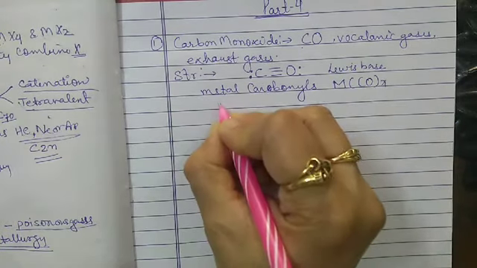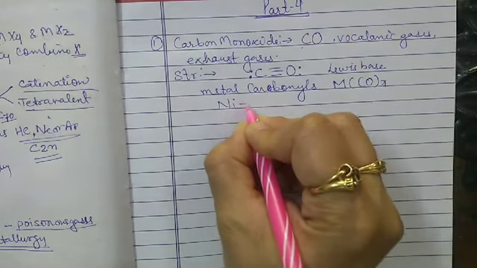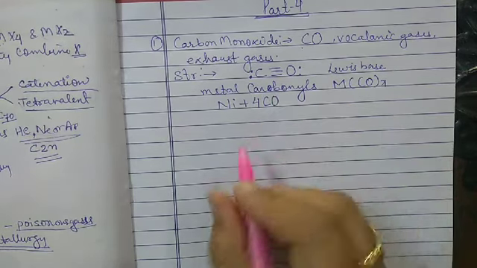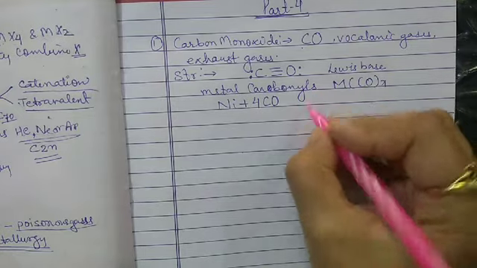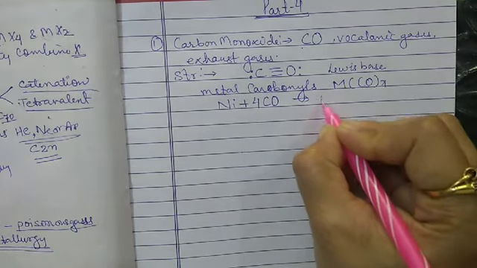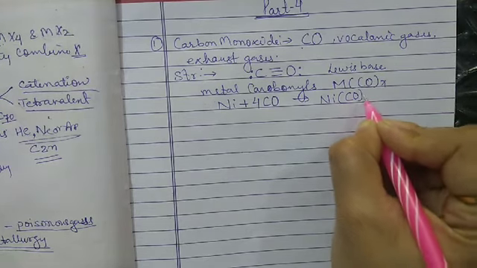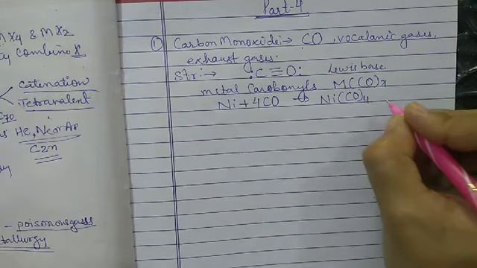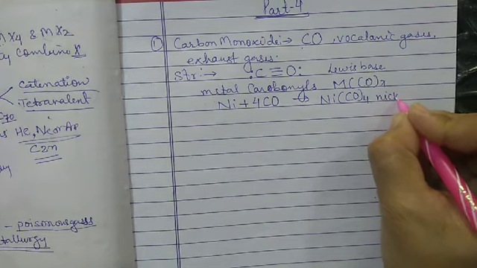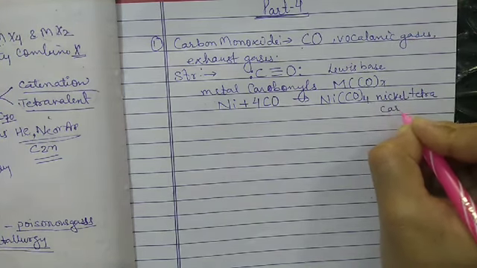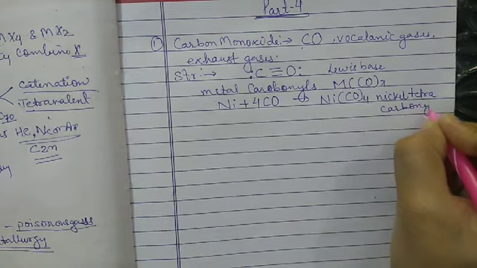For example, when the nickel metal combines with 4 molecules of carbon monoxide, it forms Ni(CO)4, and its name is nickel tetracarbonyl.